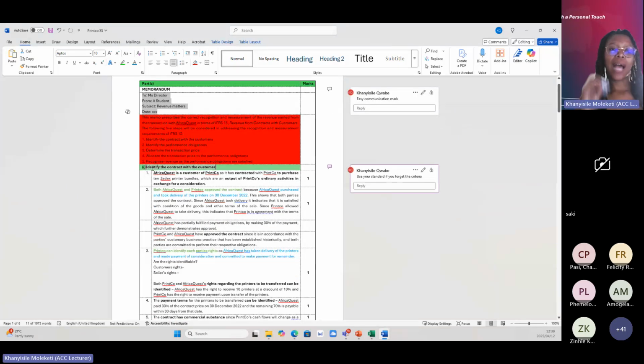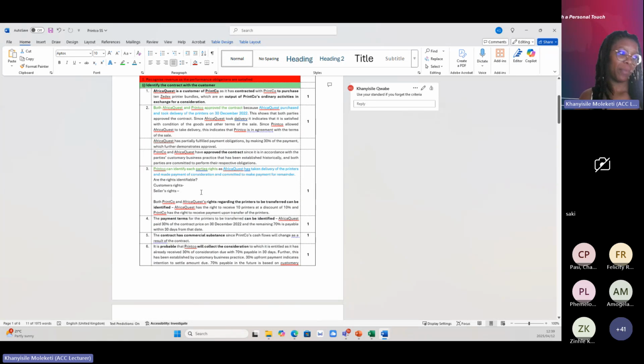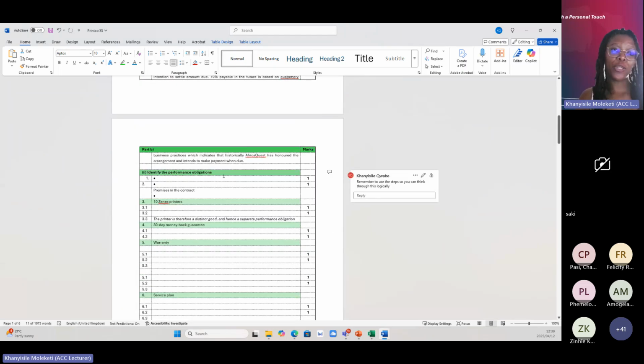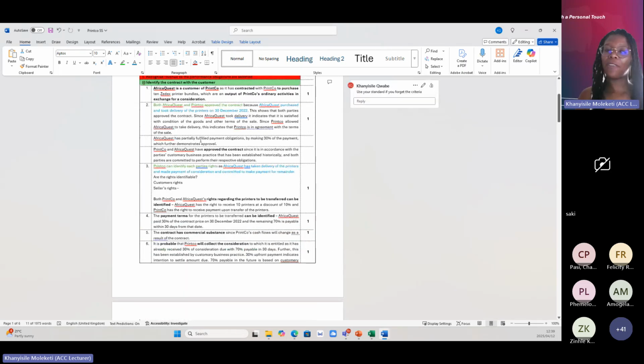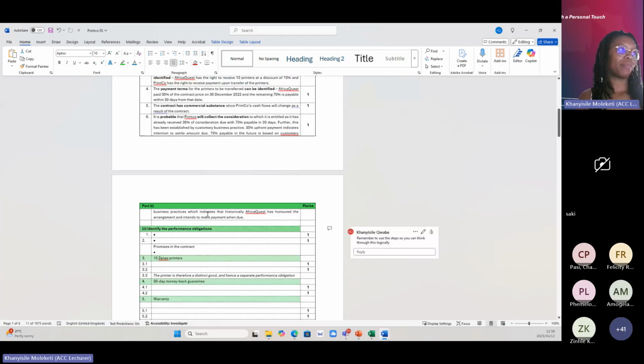Then I would set up the different headings. So start with identify the contract with the customer. Okay, because you're doing all 5 steps. You've got 5 considerations there. Move to the next heading, identify POs. So leave some space, right? Identify contract with the customer, leave some space. Identify the POs, leave some space.